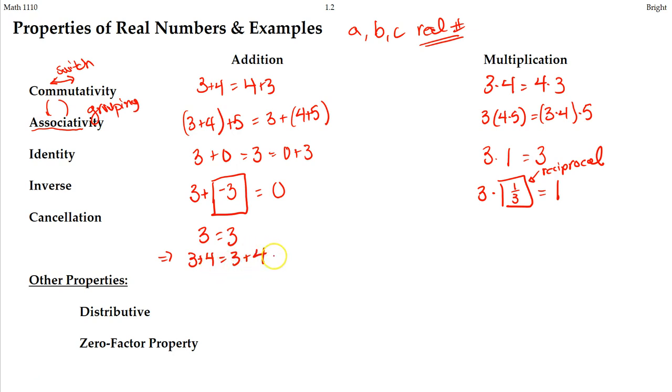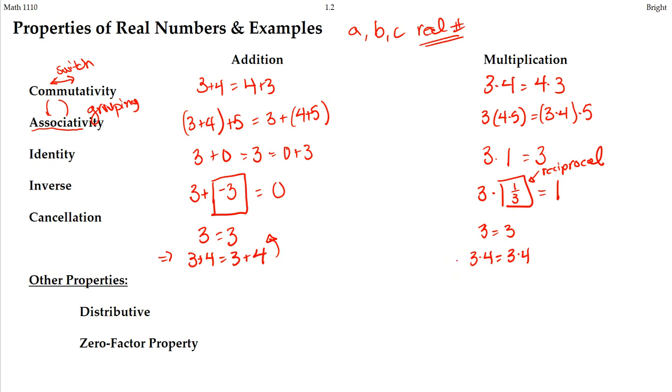And conversely, we can go in reverse. It could also be called the additive property of equality. Similar with multiplication, if we have 3 is equal to 3, then it's also true that 3 times 4 is equal to 3 times 4. And again, you can go in either way.